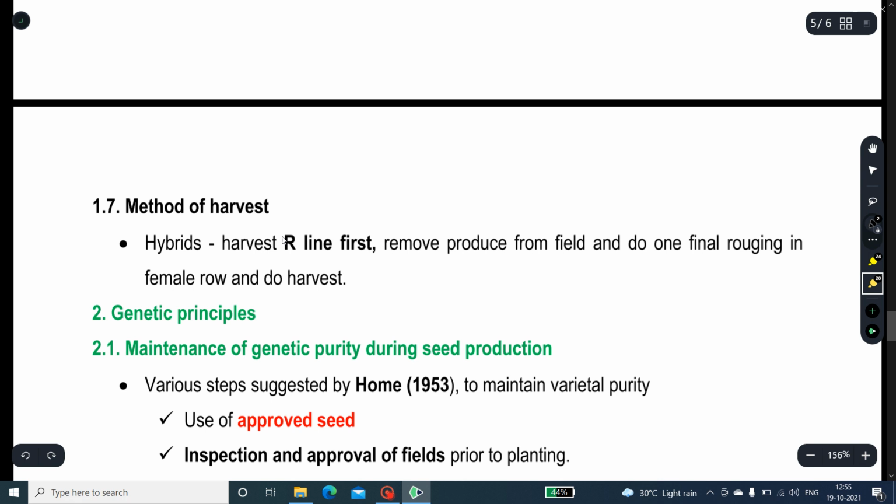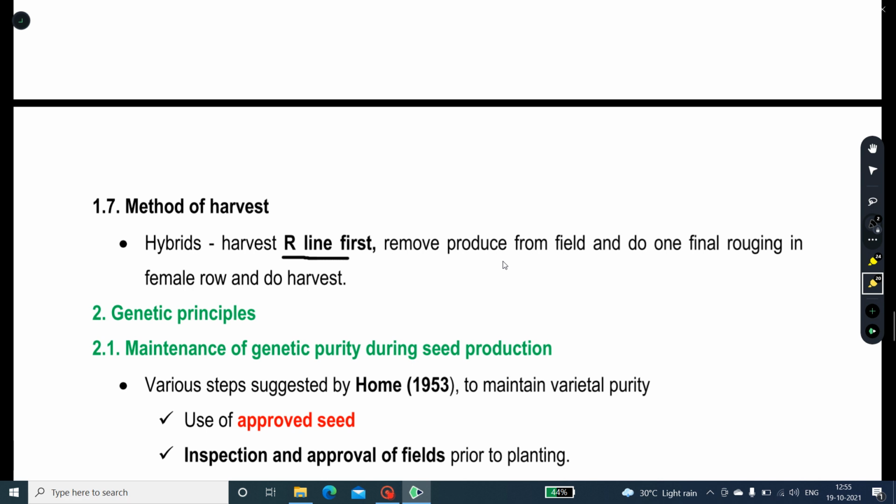In case of hybrids, harvest the R line first. This is the restorer line; remove the produce from the field and carry out all the operations, and it should be done in a separate field. Another one is to do final rogueing in the female row and then harvest.